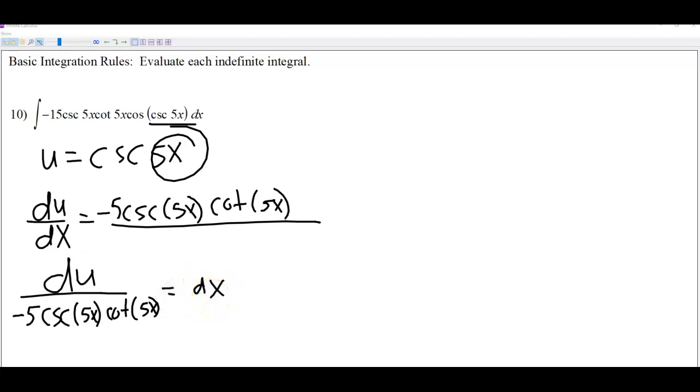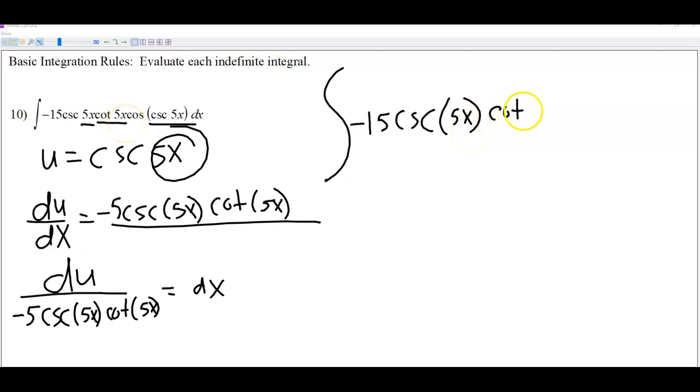All right. Now we're ready to go ahead and do our u substitution here. So I've got negative 15 cosecant, and then that 5x that comes after that, I like to put it in parentheses, and I wish they would, but they don't. And then we have cotangent of 5x. And then we have cosine, and then that's where our u comes into play.